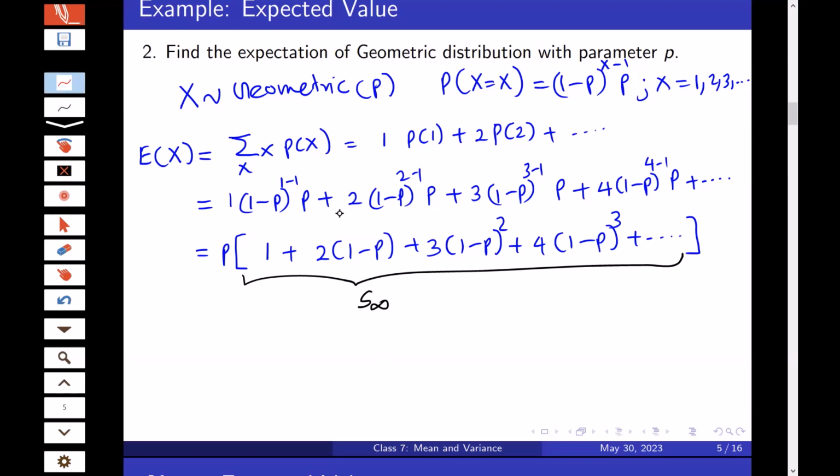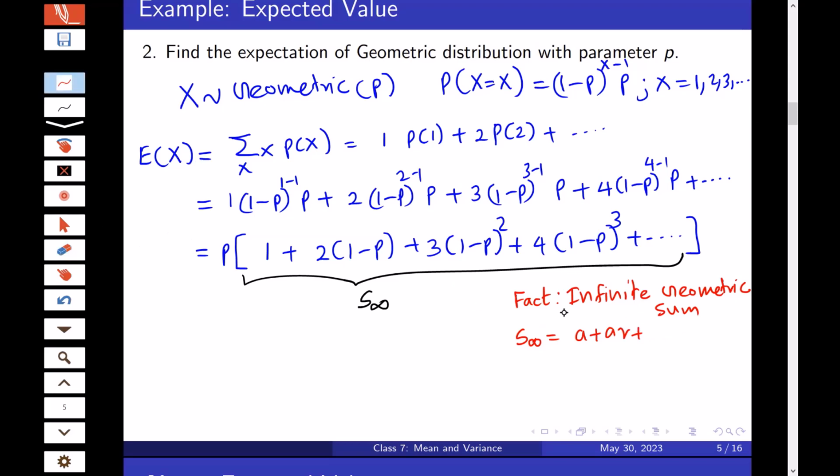Now we need one more fact from your math class: the infinite geometric sum. Suppose S infinity equals a plus a r plus a r squared, all the way to infinity.